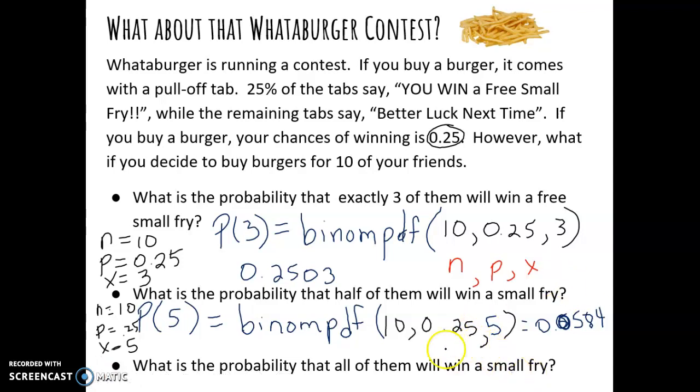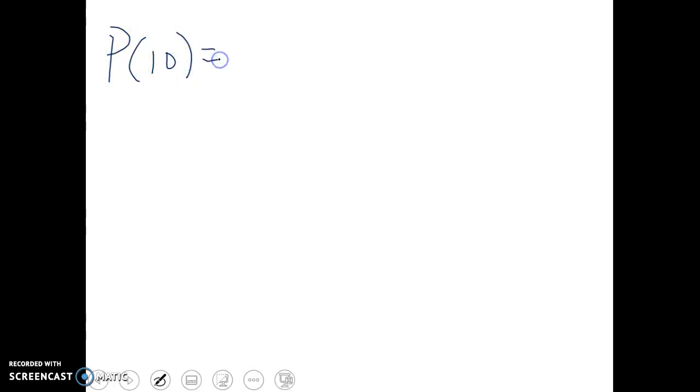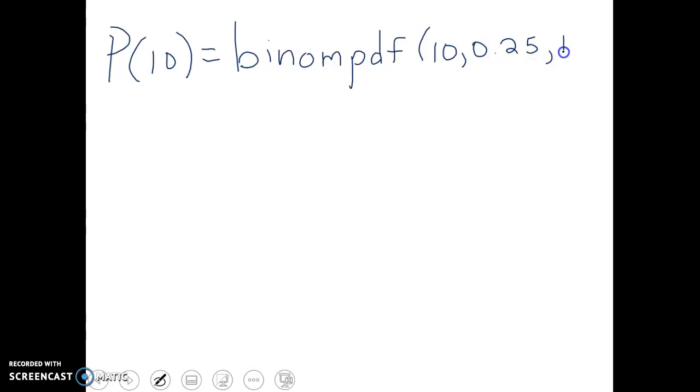We don't have a lot of space for this one, but look what it says. What's the probability that all of them will win a small fry? Let's go to the white screen. The probability that all 10 will win a small fry, so that's exactly 10. We will use the binomPDF function. The number of trials is still 10, the probability of a success is still 0.25, and X in this case is all of them, which is 10.